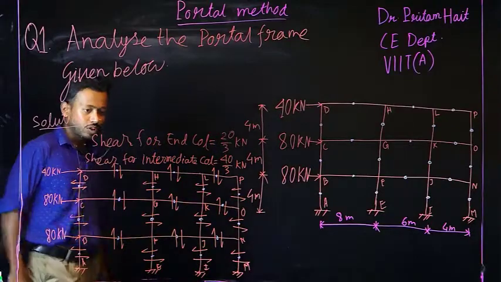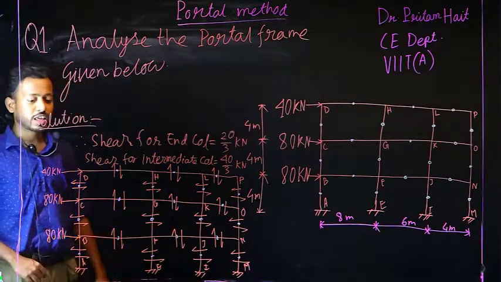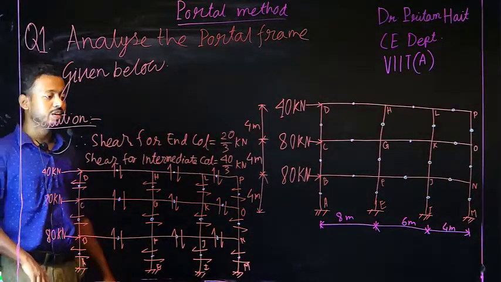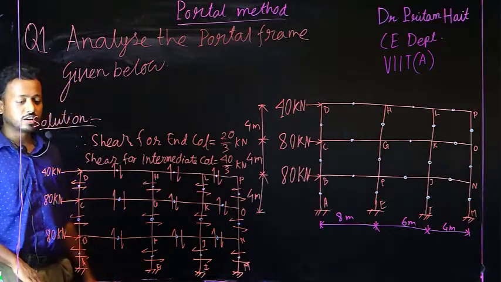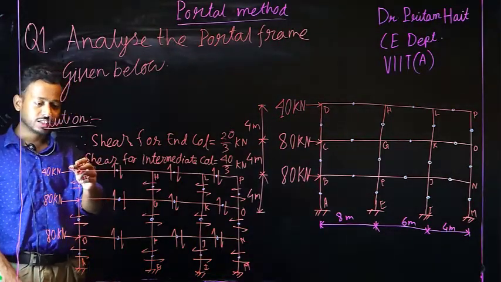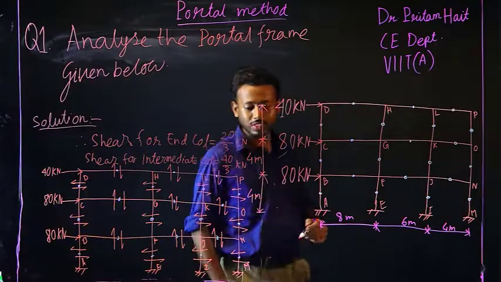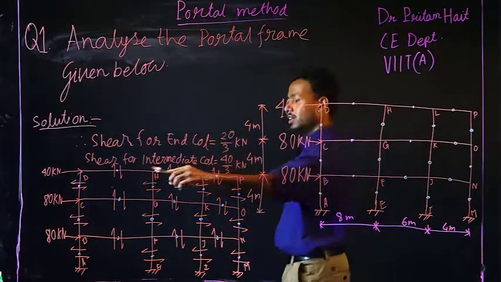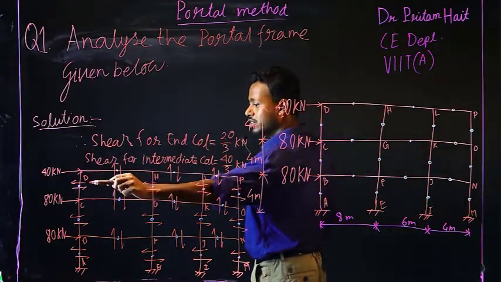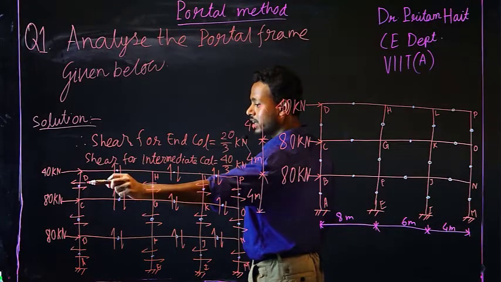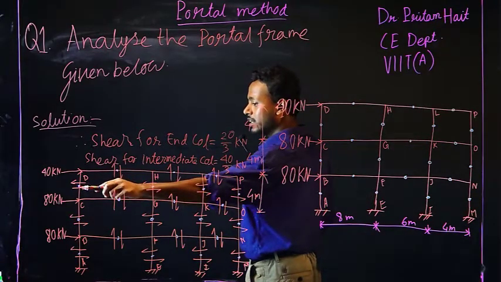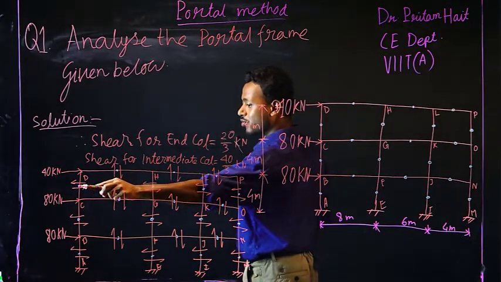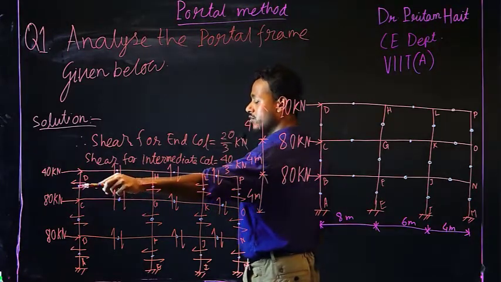Now what are the shear forces acting in beams and columns? You can see in this figure the column CD shear force is working in this pattern. This is called the point of contraflexure.